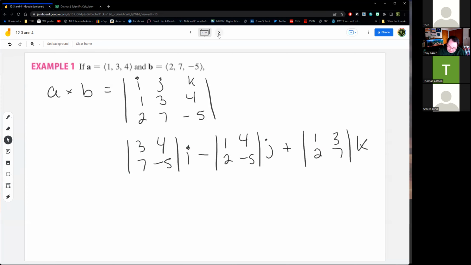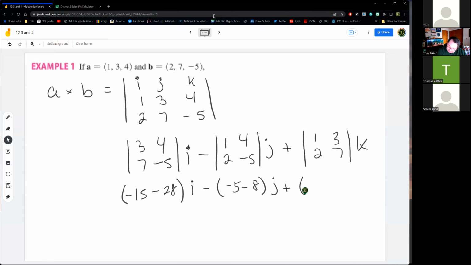So in this case, I've got -15 plus 28 I minus -5 plus 8 J. Where's it minus? Oh, they're all minuses. I'm really having a bad time with my signs today.